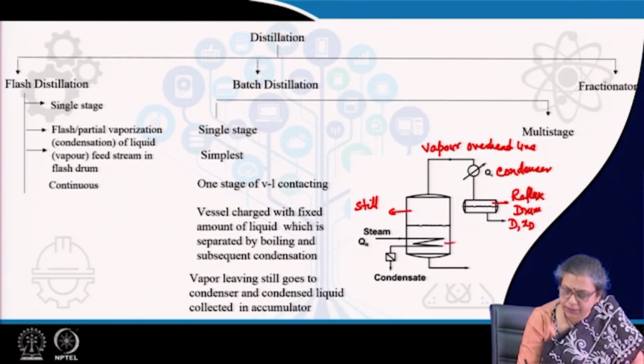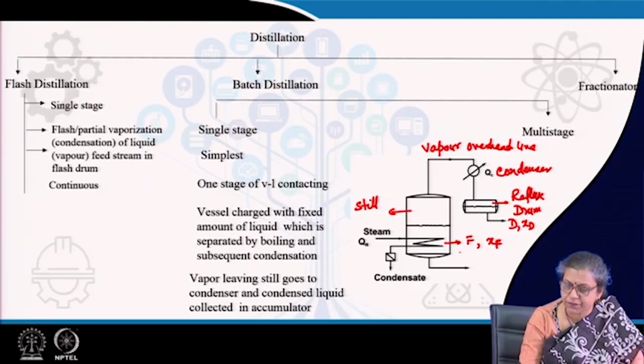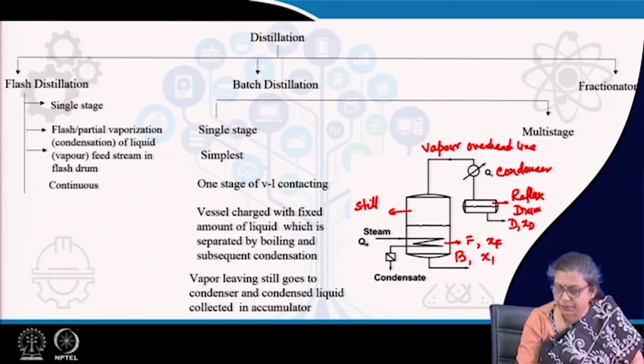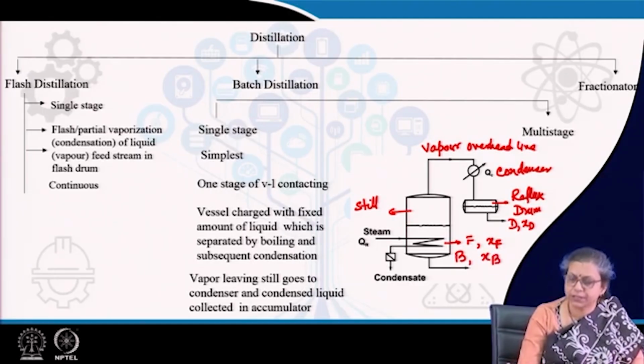And the liquid which initially, when we had started, had a flow rate F, the composition is denoted by XF. At the end, whatever is remaining is denoted as B, with composition XB.